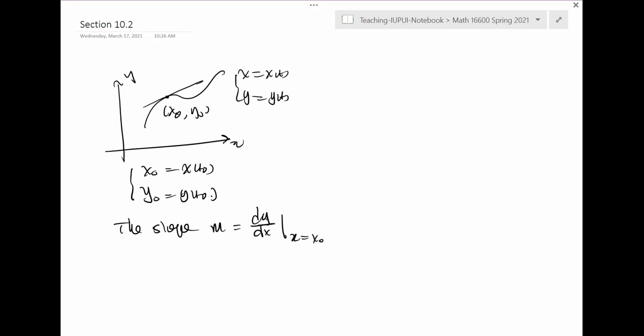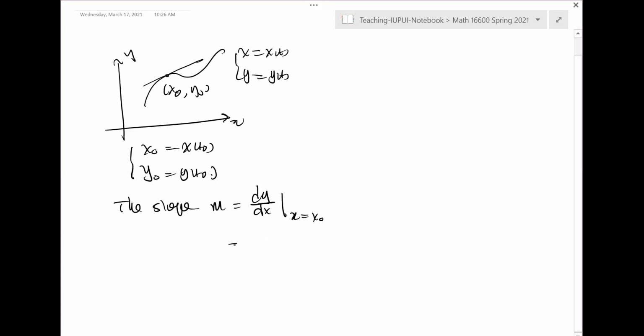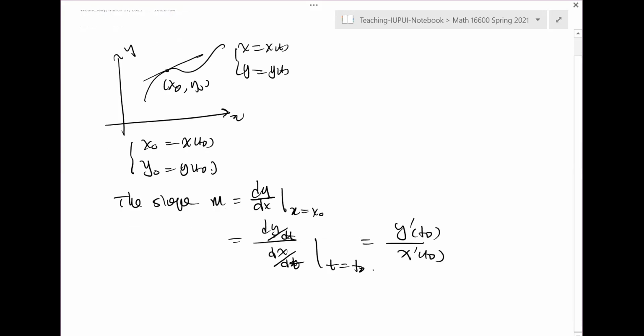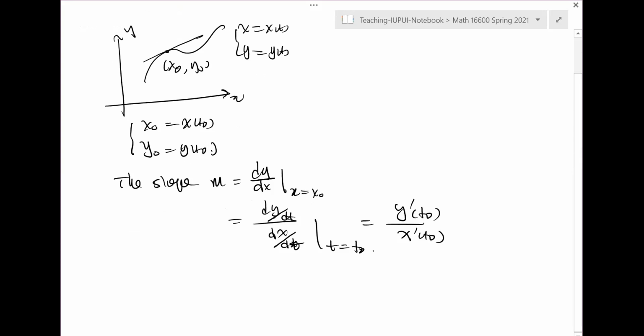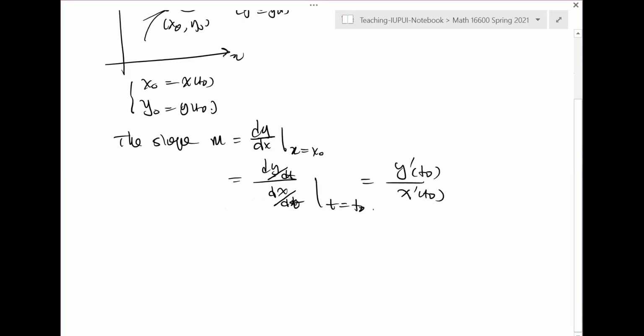We cannot find the formula for the dependency of y on x. So how do you do that? You change it by the chain rule. This is dy/dt over dx/dt, okay? In other words, it's y prime over x prime. So this is another formula you can use to find the slope of the tangent line. Then you can find the tangent line, right?